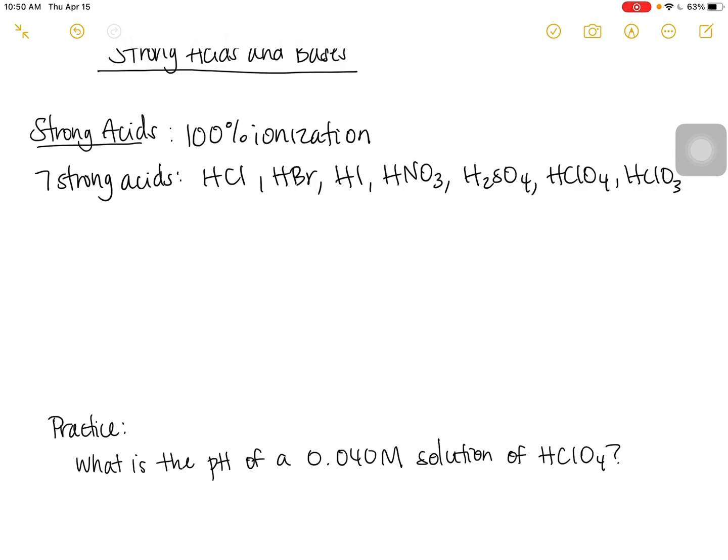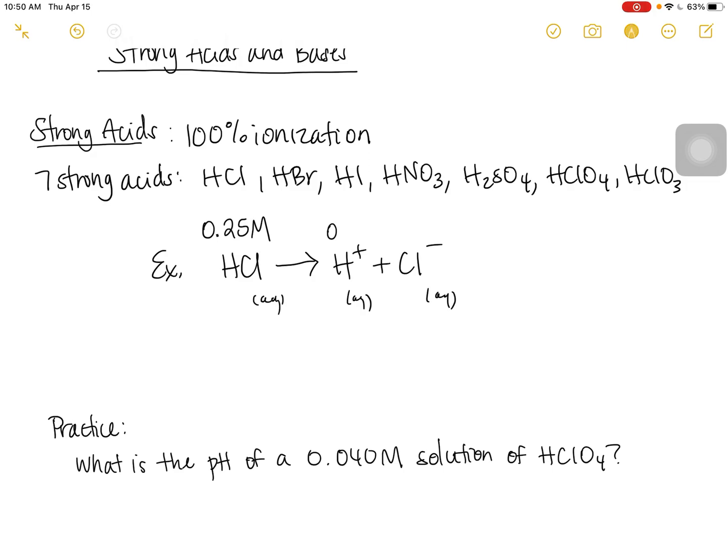Okay, now since strong acids ionize 100% of the time, we can make a big connection between the concentration of the acid and the concentration of the H+. And so this is what I mean. So if I have HCl, for example, which we know, of course, is a strong acid, then the ionization occurs 100% of the time. So if, and I'm just making this number up, right? So if my acid is 0.25 molar, then all of that ionizes, and so my concentration of H+ is 0.25 molar, and my concentration of HCl is 0.25 molar.